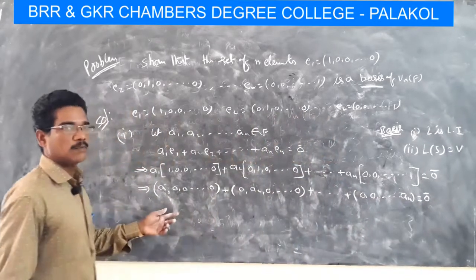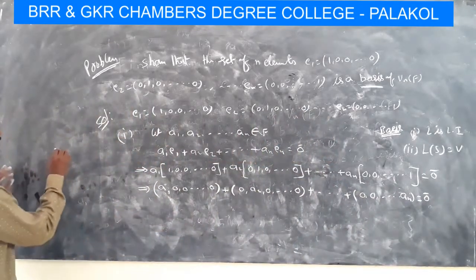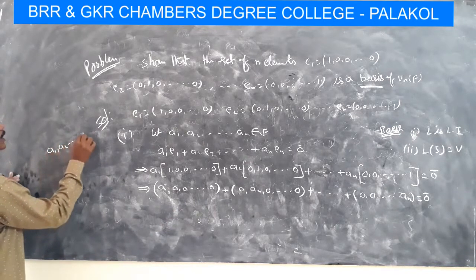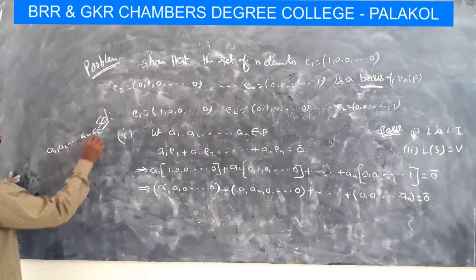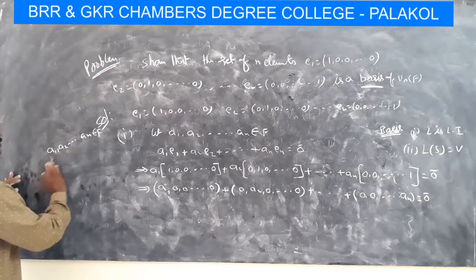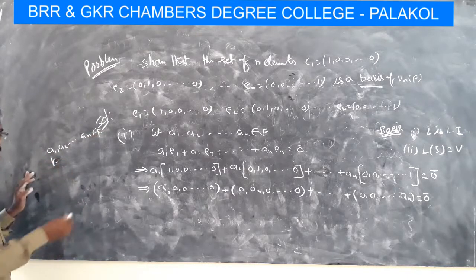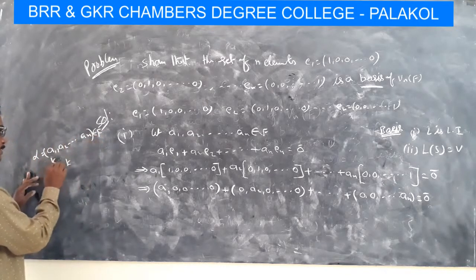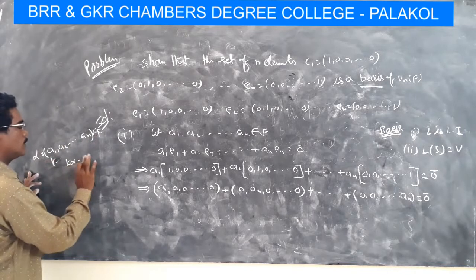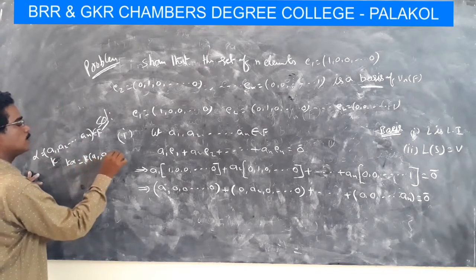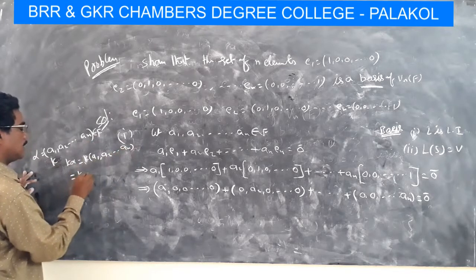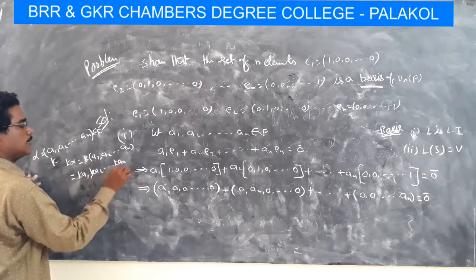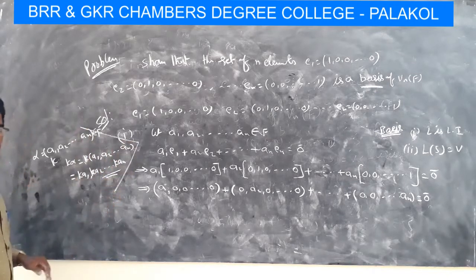Scalar multiplication means already we know that if a1, a2 so on an belong to F and k is a scalar, then k alpha equal to k into (a1, a2, so on an), that is (k a1, k a2, so on k an). It is the scalar multiplication of a vector.